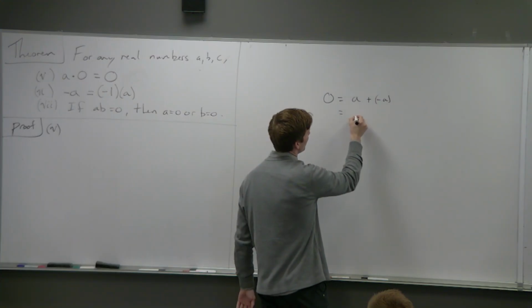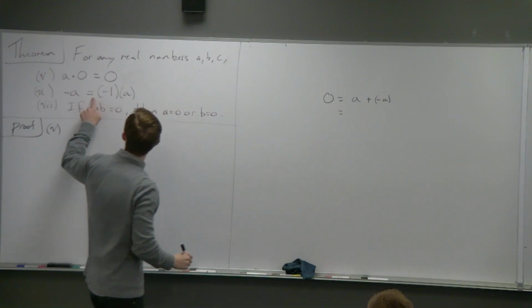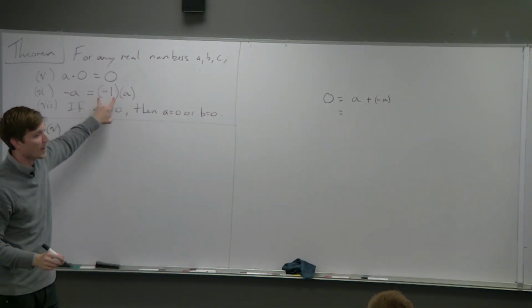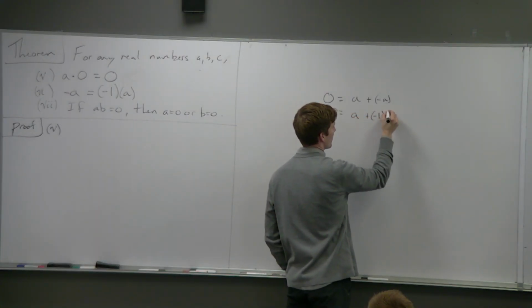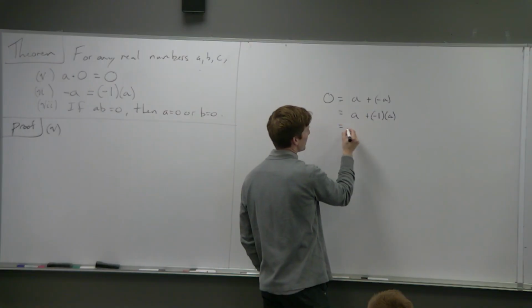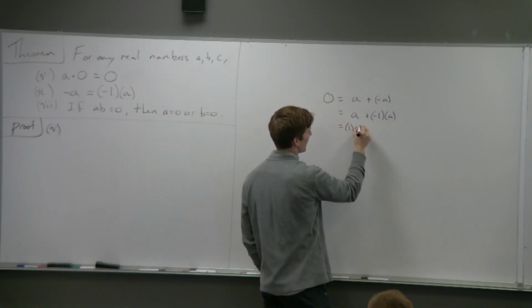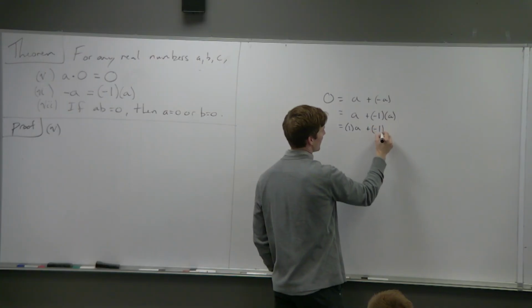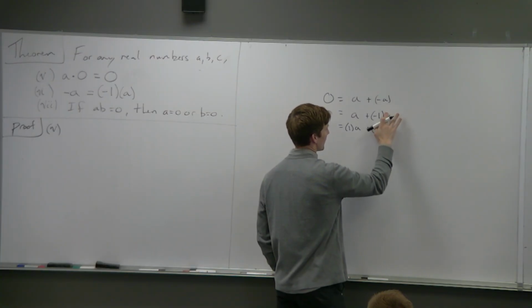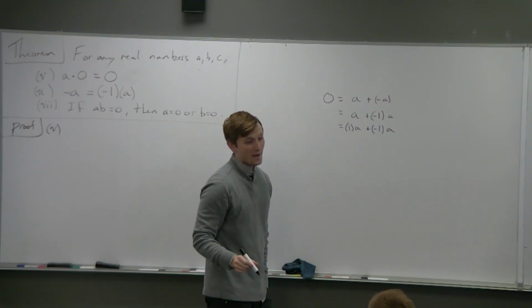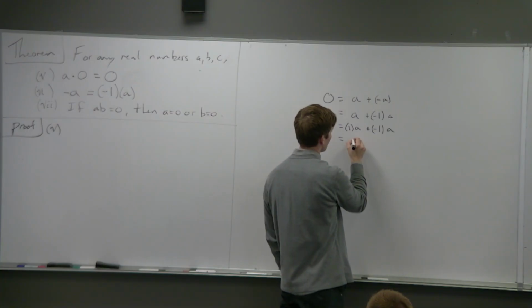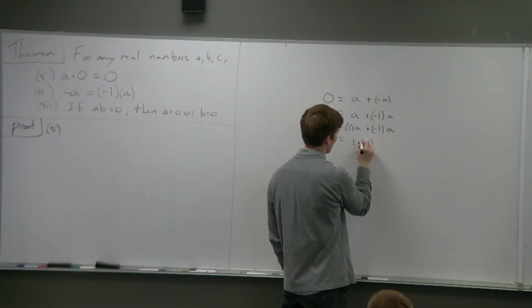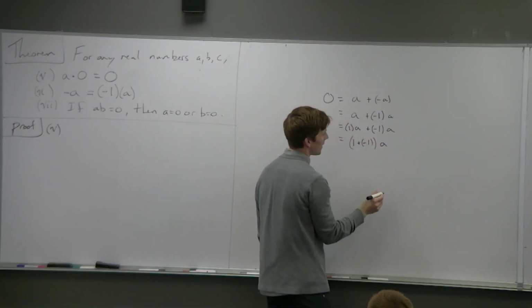Well, if we had item 4, we could pull a -1 out. And then we could use the definition of the additive identity. And then we could use the distributivity of multiplication to turn this into 1 plus -1 times A.